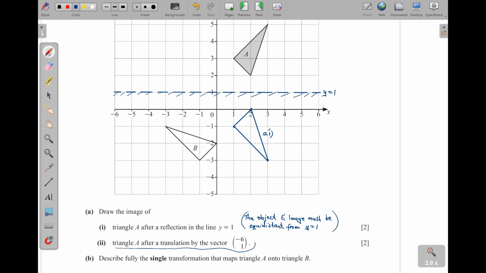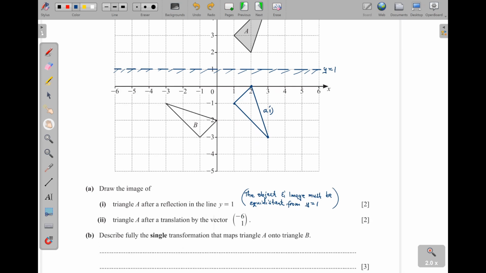triangle A after translation of -6, 1. When you look at our grid, the negative on the x is this way, the positive is this way. And then the positive on the y is this way, and the negative is this way.